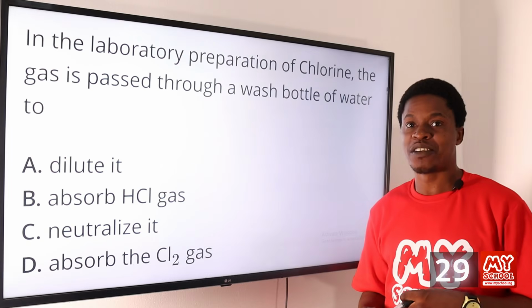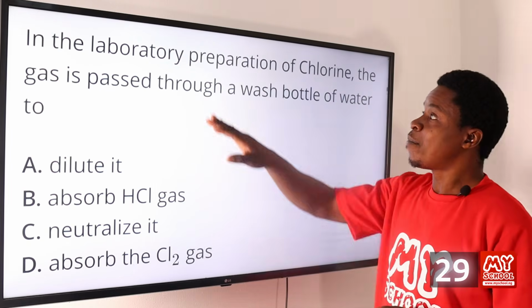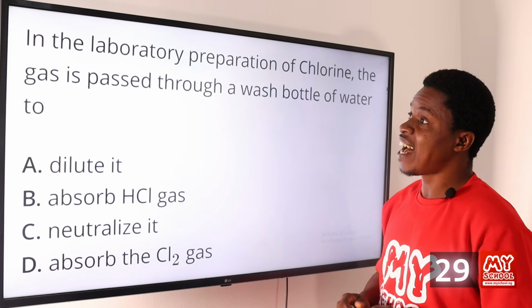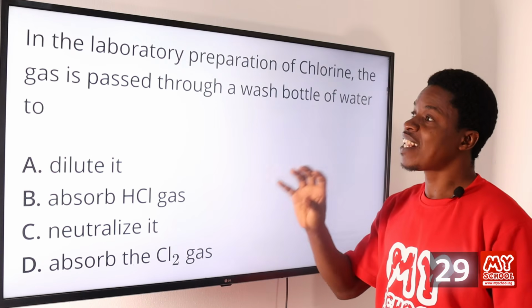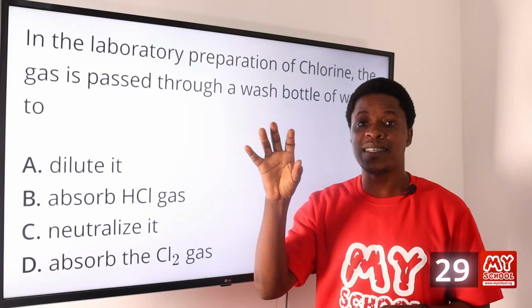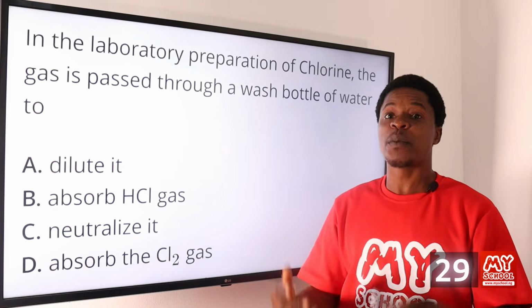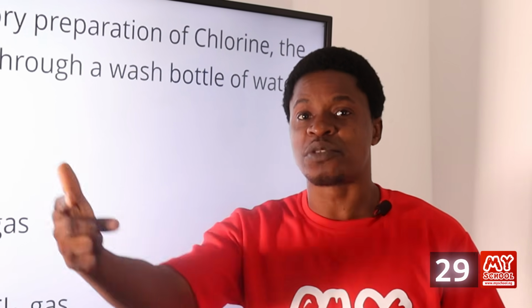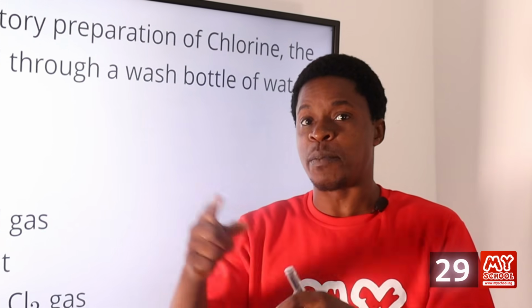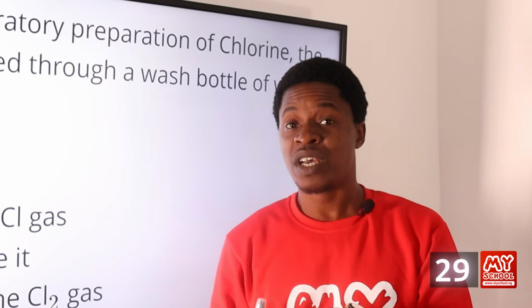Now let's move on to question number 29. In the laboratory preparation of chlorine, the gas is passed through a wash bottle of water to do what? Now, during the laboratory preparation of chlorine gas, while you are producing chlorine gas, hydrogen chloride, which is also a gas, is produced along with it. But it is an impurity because that is not our major aim.